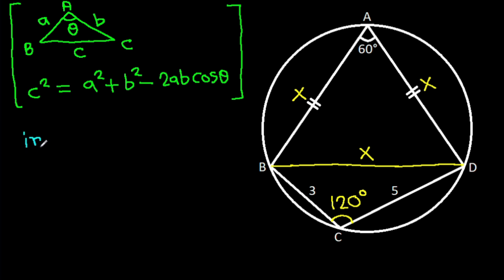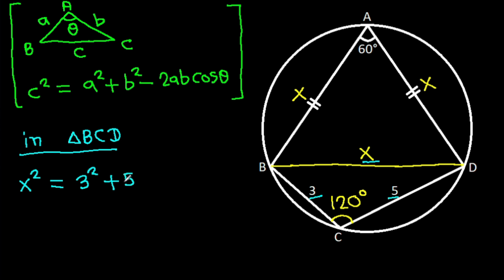So in triangle BCD, X square will be equal to 3 square plus 5 square minus 2 times 3 times 5 times cos, and the angle is 120 degrees.